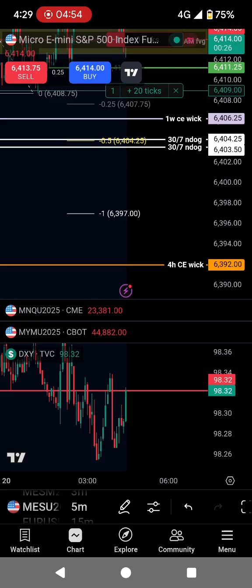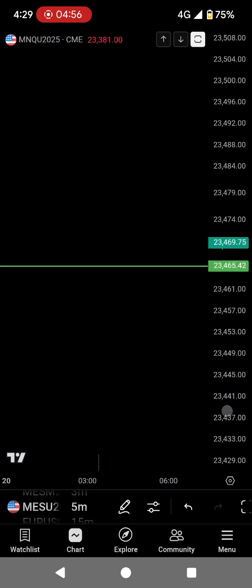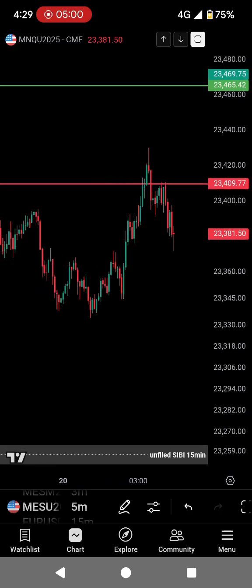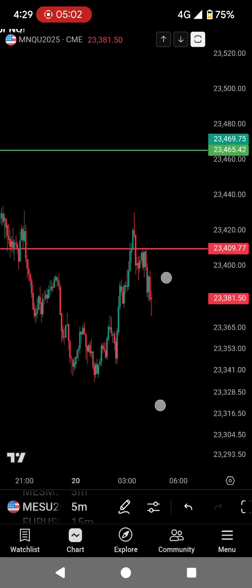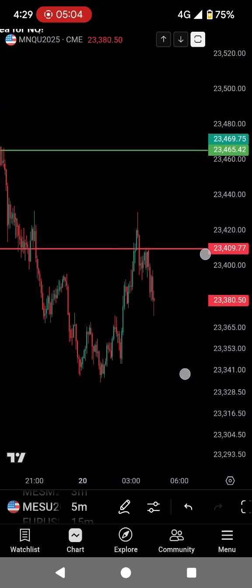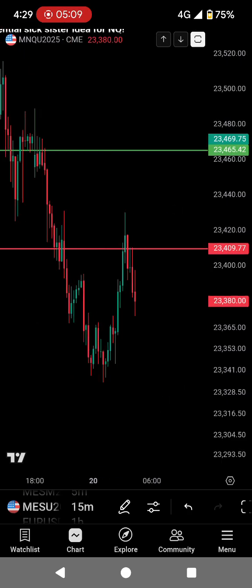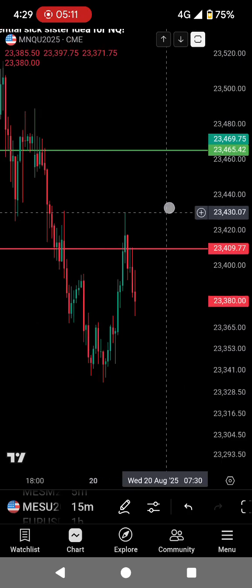Dollar pulling higher, very good. Nasdaq pulling lower. Oh, but Nasdaq got highs here. Nasdaq looks bullish.